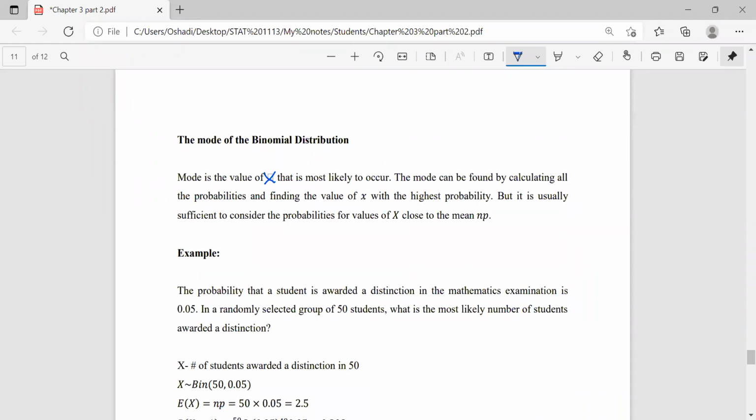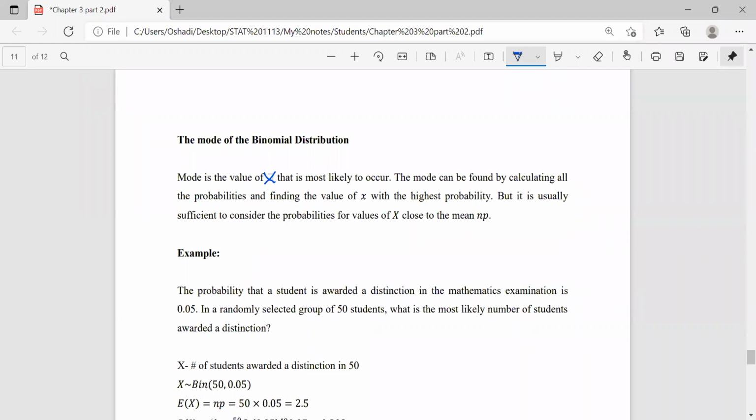But to find the highest probability value, we have to find all the probabilities for values of x. Then only you can find the highest one.